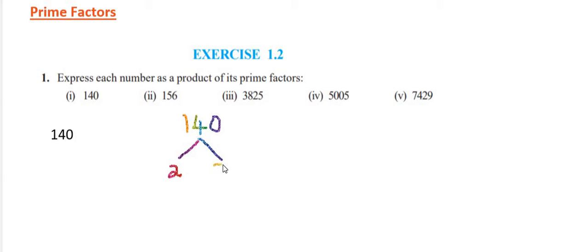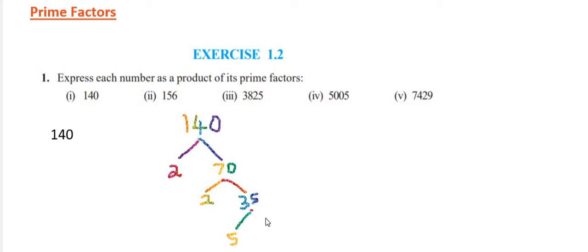So 2 into 70 is 140, isn't it? Again, 70 can be further divided by 2. When you divide by 2, it gets 35. And the last number is ending with 5, so it can be divisible by 5 again.